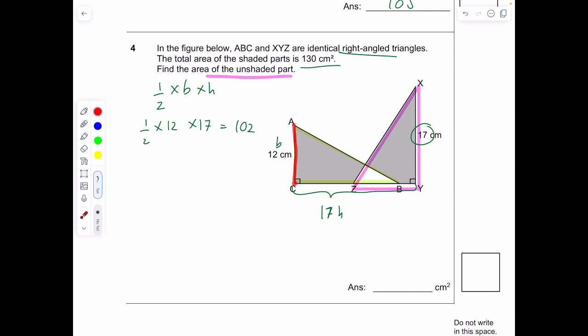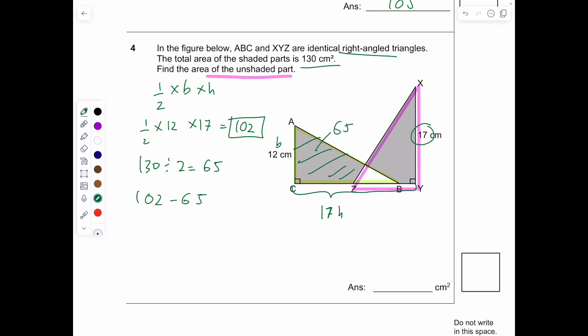So to find out the area for one part, I take 130 divided by 2, and that will give me 65. Now I have found out the whole entire triangle, which is 102. So I will take the whole triangle, subtract away this 65.